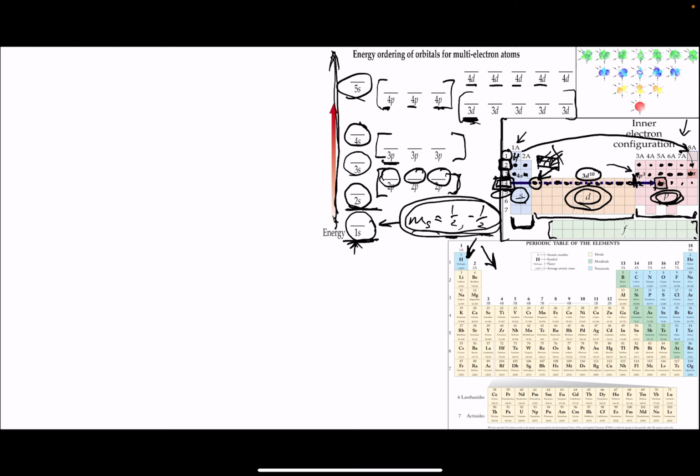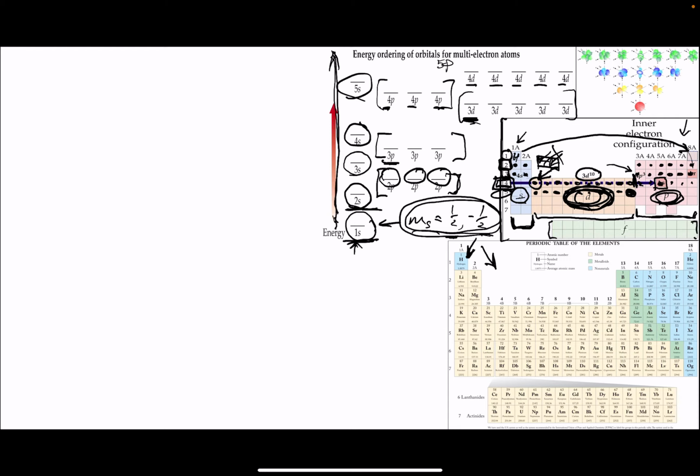Notice that the principal quantum number is 1 less than the row when we're dealing with D block territory. 4d1, 4d2, 4d3, 4d4, 4d5, 4d6, 4d7, 4d8, 4d9, 4d10. And then we would be into the P block again, and you can see here we would expect the next area to be 5p.